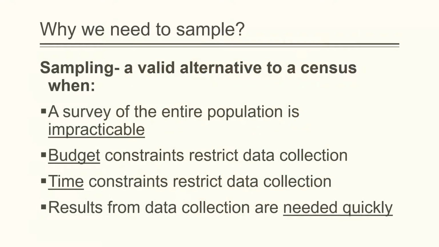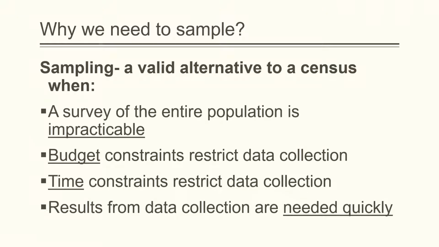Okay, now why do we need to sample? The process of getting a sample is called sampling technique. So, if we are going to get a sample from the population, the process of getting that sample is called sampling. Sampling is a valid alternative to a census when, one, the survey of the entire population is impracticable. We have budget constraints, which restrict data collection.